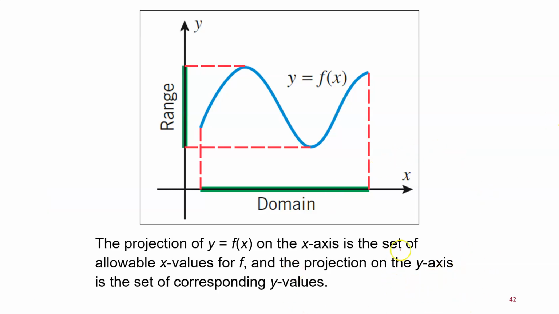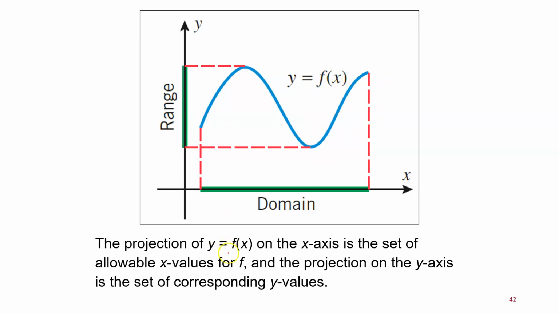Okay, this is actually how you show it using a graph. So you have x axis or the x values become your domain, and the one on your y-axis is actually your range. Okay, so this is a function y equal to fx, for example.